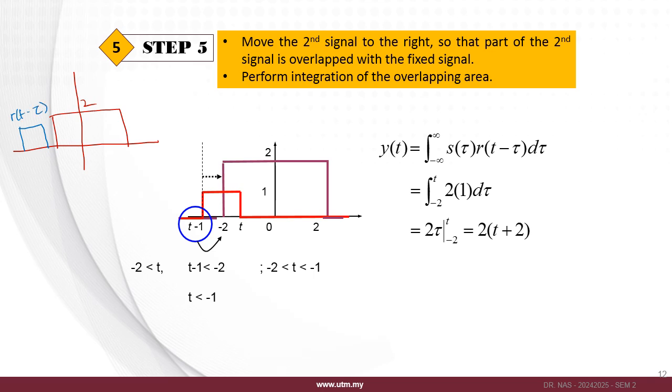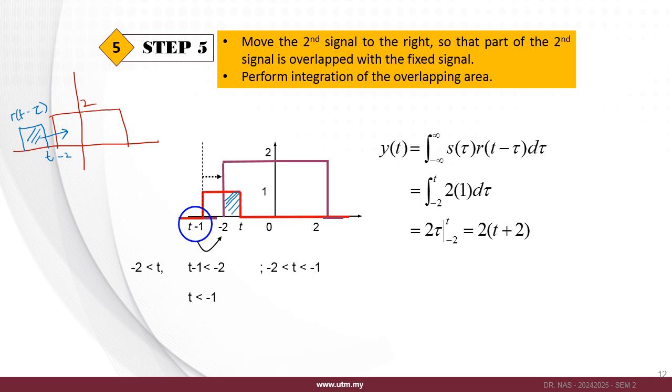There was no overlapping in the earlier step. So now we move this signal into the fixed signal so that part of the second signal is overlapped. So we can see now part of the second signal is overlapped with the fixed signal.